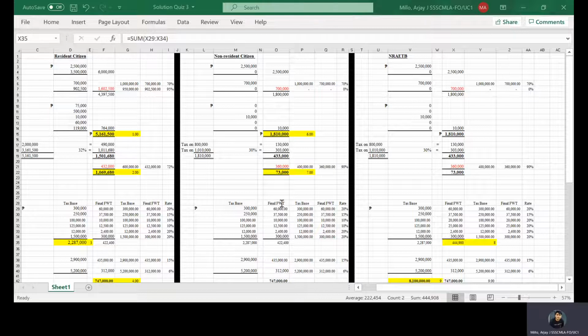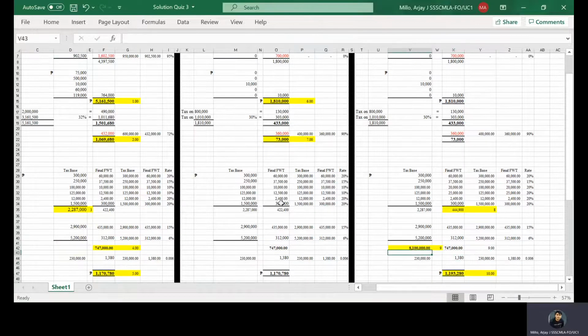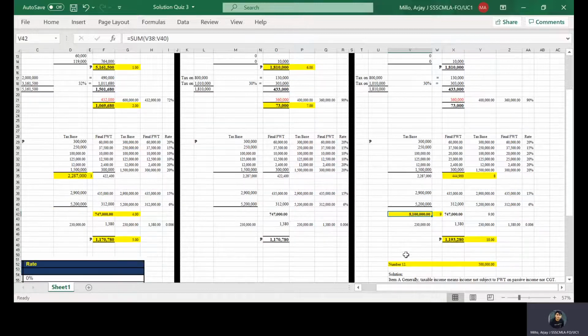Question number 9: what is his total income subject to capital gains tax? I just reversed it. In the first problem, I asked for the capital gains tax. Here, I'm asking what his total income subject to capital gains tax is, so we're talking about the tax base. That's 2.9 million plus 5.2 million, so 8.1 million.